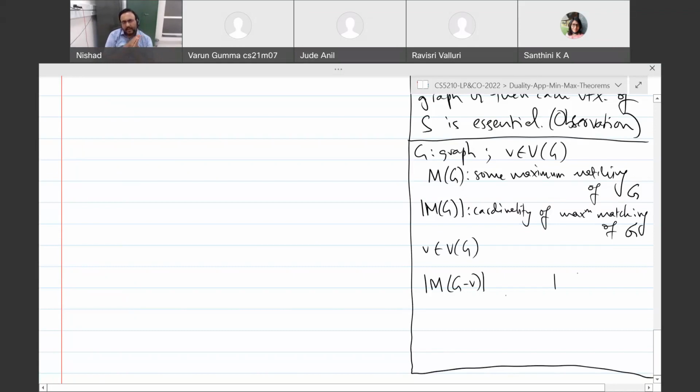Is it possible that the maximum matching in G has size 8 and the maximum matching in G minus v has size 6? Can you go from 8 to 6 by deleting a vertex? You're deleting just one vertex. Can you change the size of a maximum matching by 2?